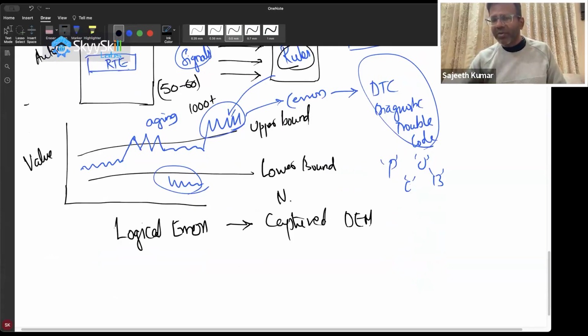Sometimes there could genuinely be something wrong with the vehicle, and if you have not thought about all the rules, you will not throw up an error code. So it is perfectly possible that a vehicle is faulty and not working fine, you take it to the workshop, they plug in a scanner, and no error will come up.